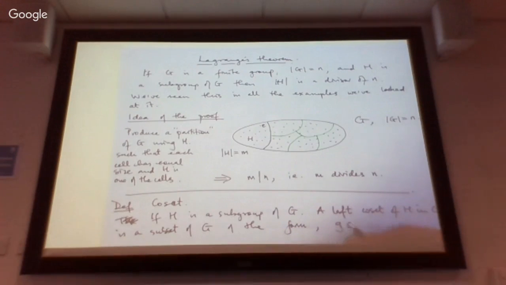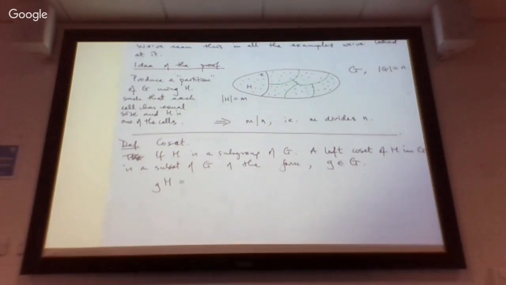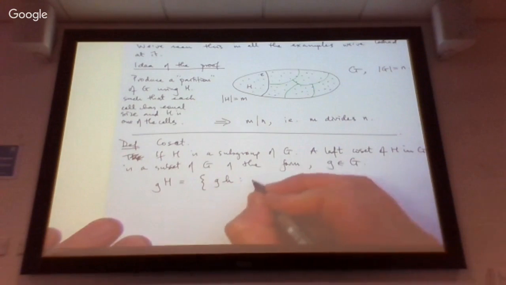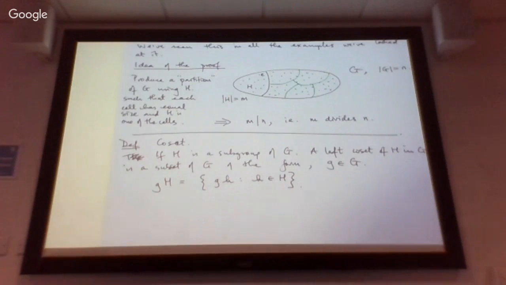We take an element g from the set G and put it on the left of H, and this stands for the set of all the products gh, where little h is something from H. So this is what a left coset is.